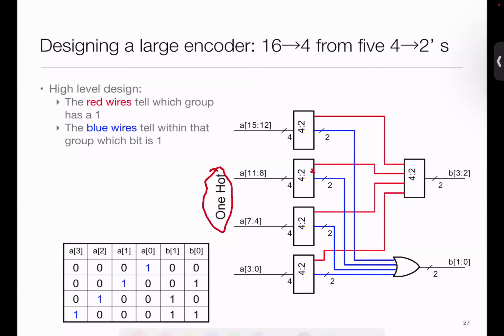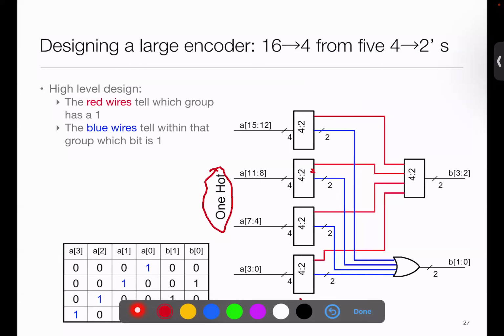So we use these 4 to 2 decoders to identify which group of 4 has the 1 bit in it. And then we take those red lines, feed them into a 4 to 2 encoder, and that outputs the upper 2 bits for our design, right? Upper 2 bits of encoder, because the upper 2 bits are going to tell us where the 1 bit is. So we'll see an example shortly.